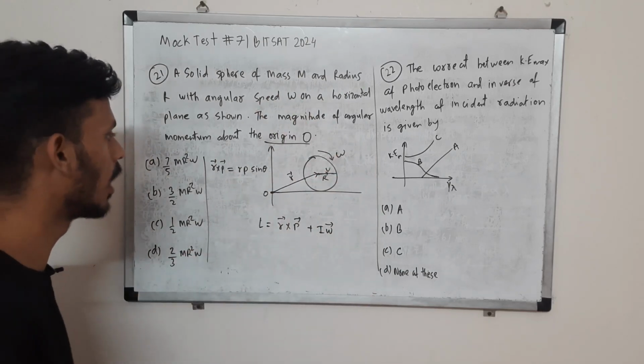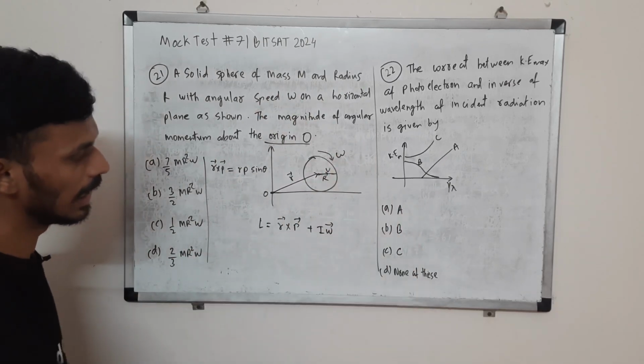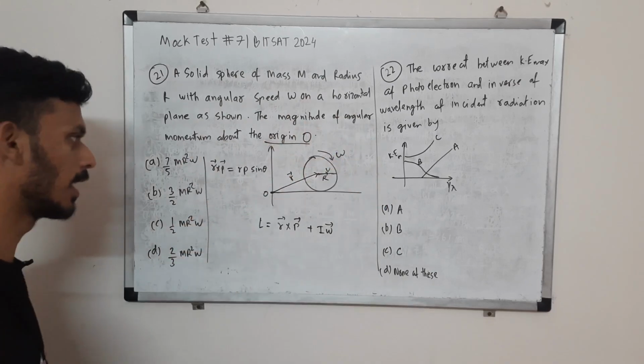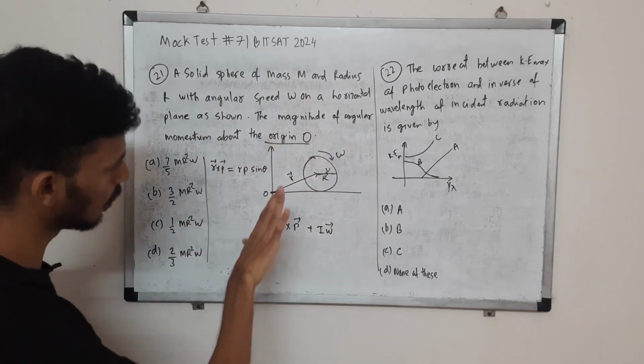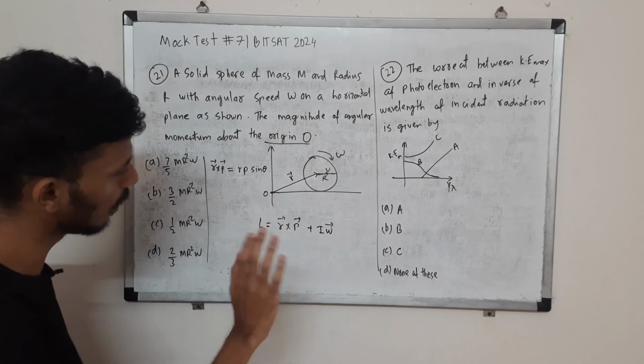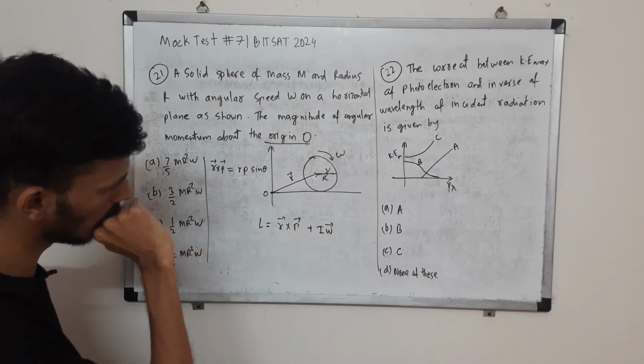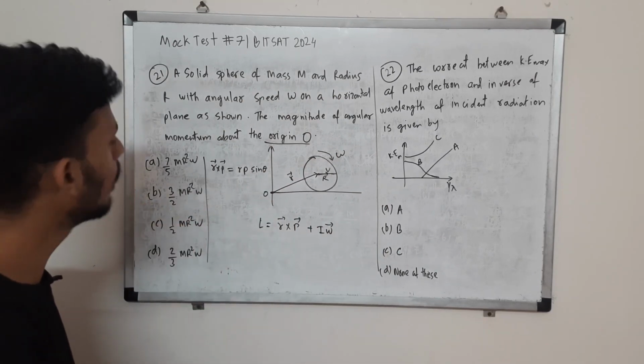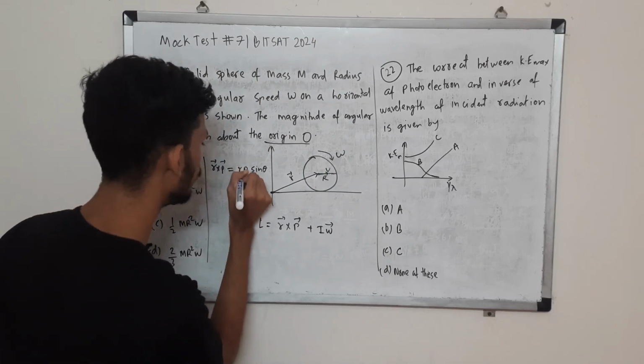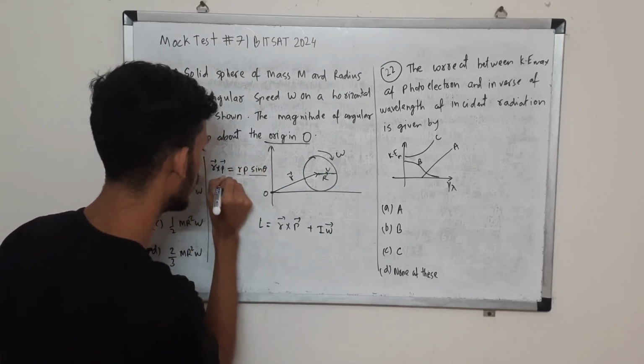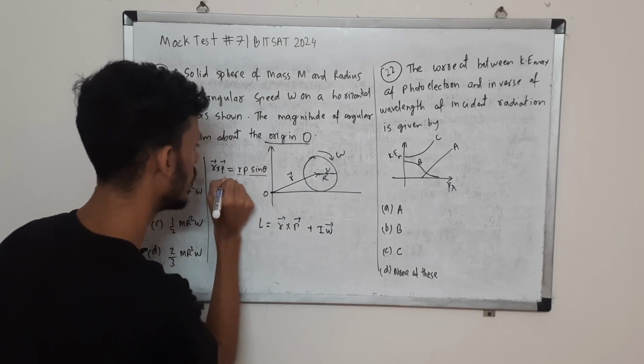So both of them are going to add at the end of the day. So omega is like this, so that is also inward, and this r cross p, from r to v, you can see that it is also inward, I believe. Yeah. So now I'll take r sin theta.